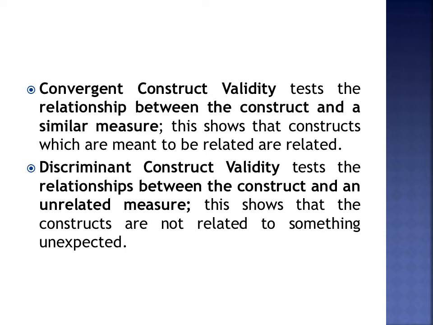And it should show no relationship or a negative relationship. Because if there is no relationship or a negative relationship, it means you already have a good discriminant construct validity. All right, so convergent, you're going to get the same construct. Discriminant, you're going to get a different construct from your construct. All right, I hope that's clear. And now let's go to the next page.